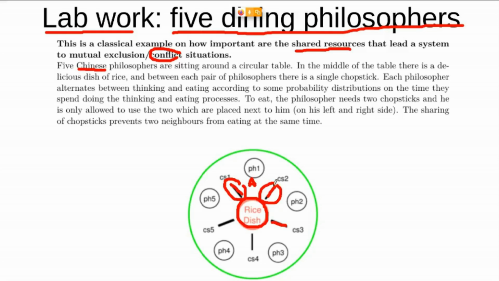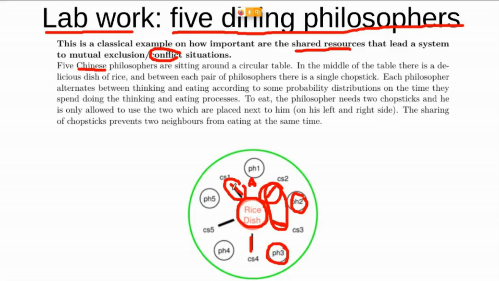This cancels the possibility for philosopher 2 to eat. Okay? The same goes for philosopher 3, because philosopher 3 has 2 chopsticks to be used, but if philosopher 2 is eating, philosopher 2 is using these 2 chopsticks, so then philosopher 3 cannot eat anymore.